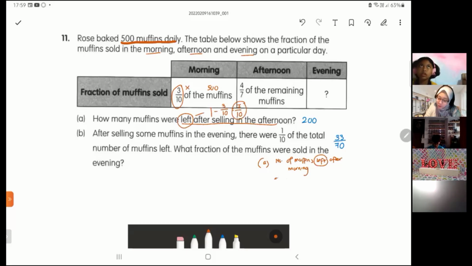This is what I want to find out, the leftover after the morning. So 7/10 times the number of muffins equals, use your calculator, you get 350.